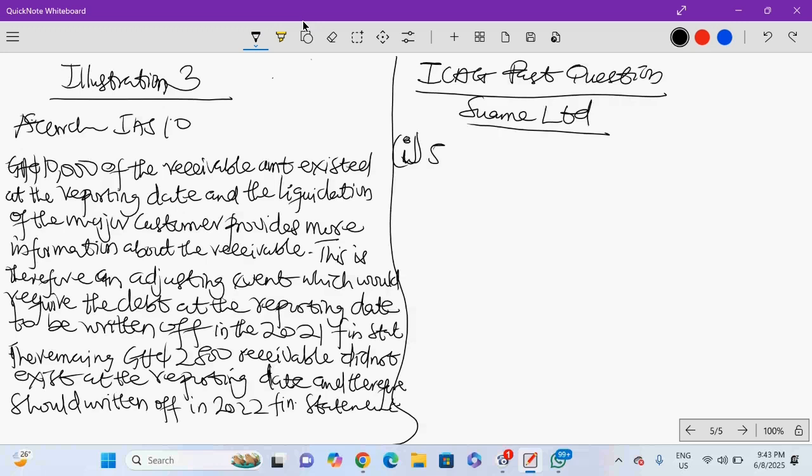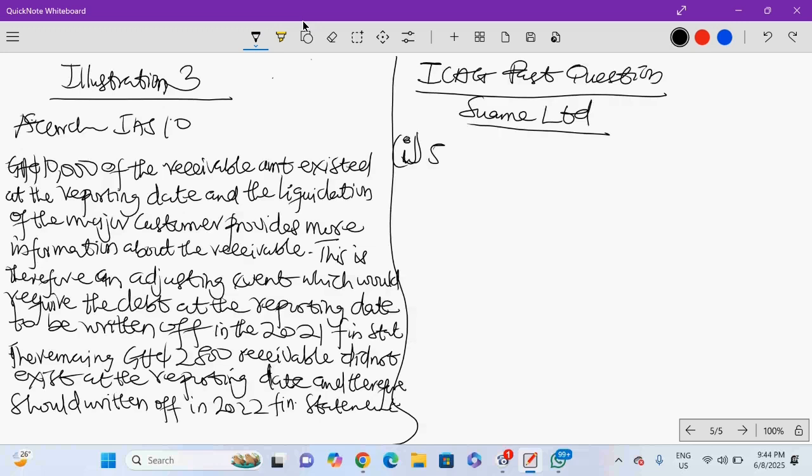Do you have some evidence like that? No. Because that event occurred after the reporting. If it occurred after the reporting date, then you can't say it is an adjusting event, because what evidence would they have?